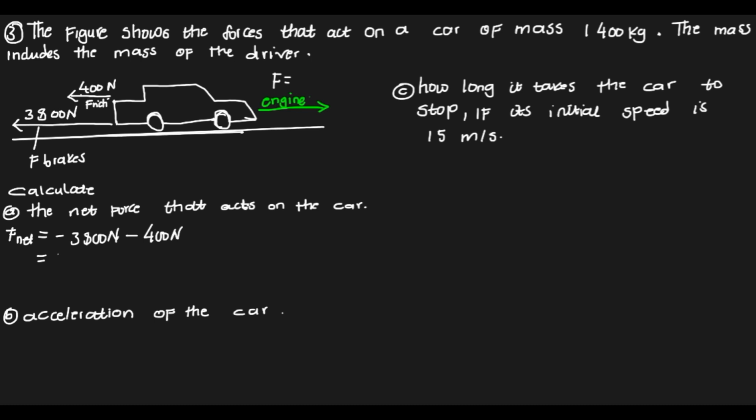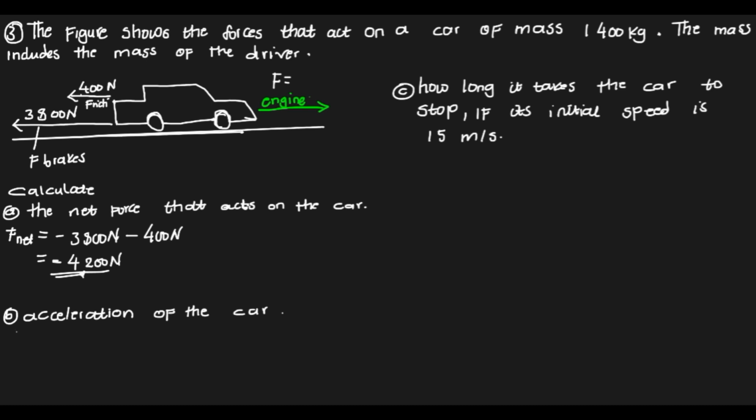So 3,800 plus 400 newtons, we have a total of 4,200 newtons. So this is our net force for the first part. The negative is just showing the direction, indicating that we are looking at the force that is against the engine force.